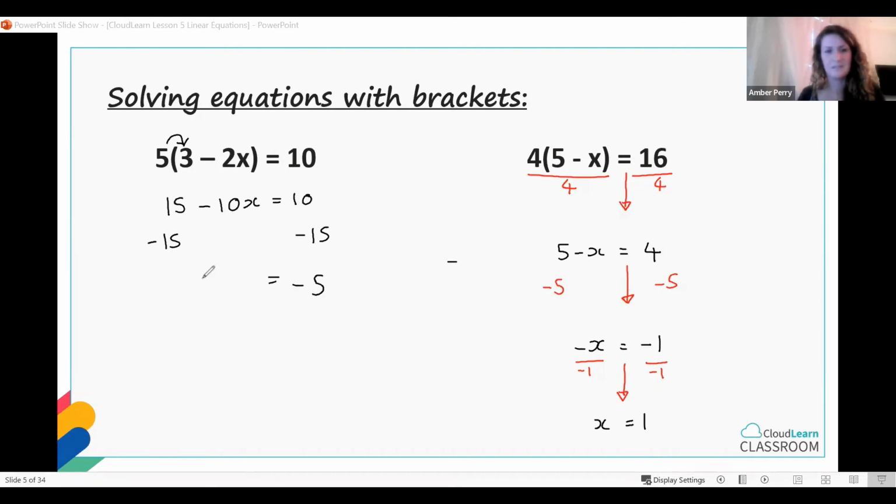Yeah, so we've got minus 10x. And then we would divide by minus 10. So x is still half. So x is 1/2.